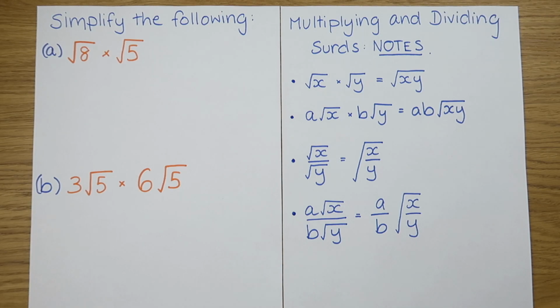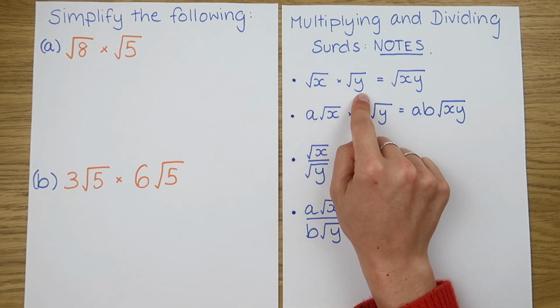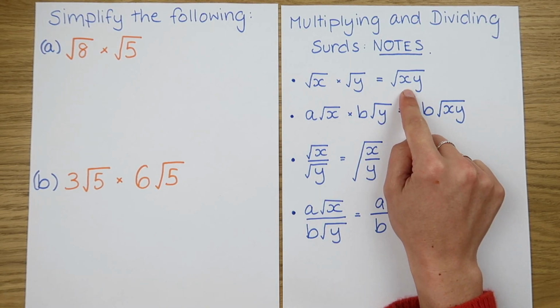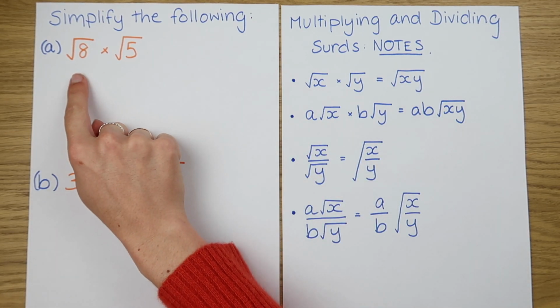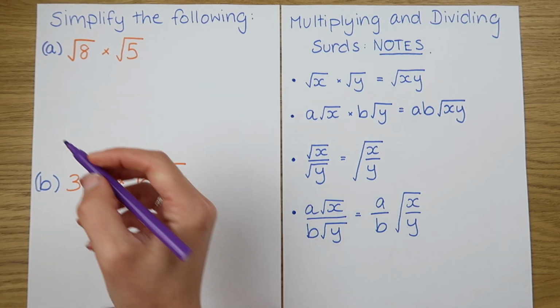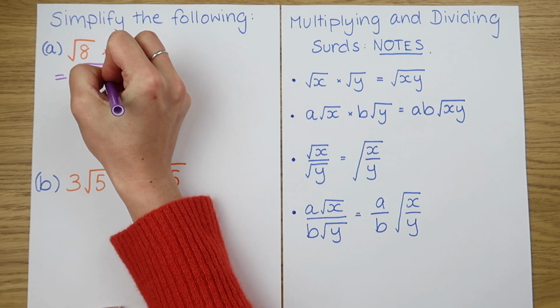If we follow this, when we've got a number under a surd multiplied by another number under a surd, we can just multiply them together underneath a surd like this. So if I've got square root of 8 times the square root of 5, I can write this as square root of 8 times 5.